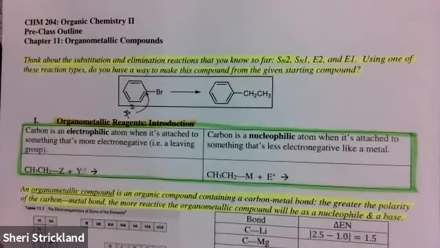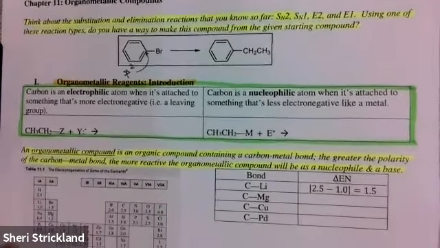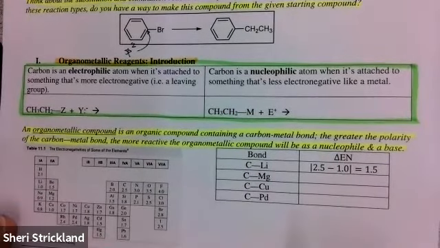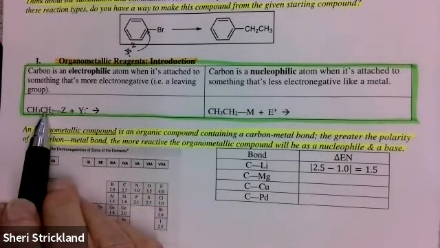However, if we branch out just a little bit and start to talk about organometallic reagents, we'll find a way to do that. Now, in these reactions that we've talked about so far, carbon has been an electrophilic atom.